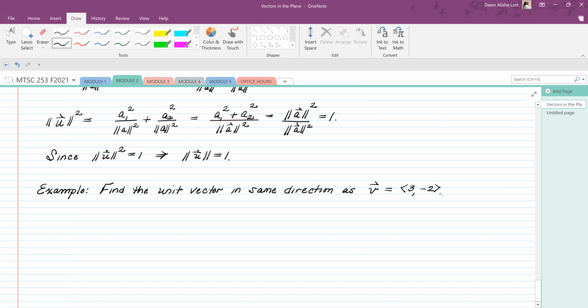Let's find the length of v. The length of v squared is 9 plus 4, so that's 13.